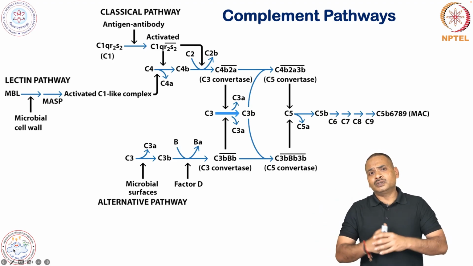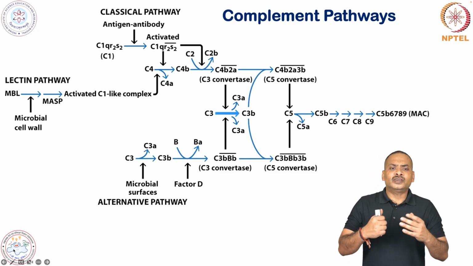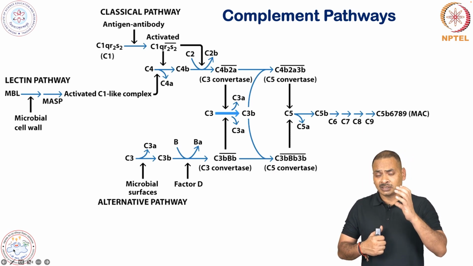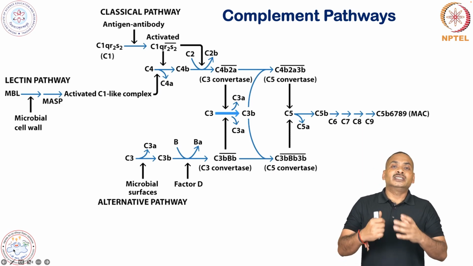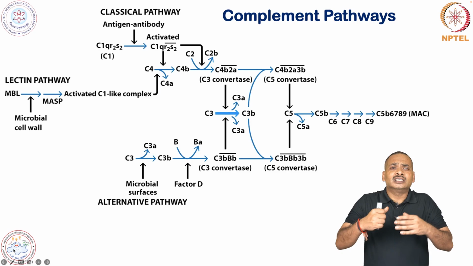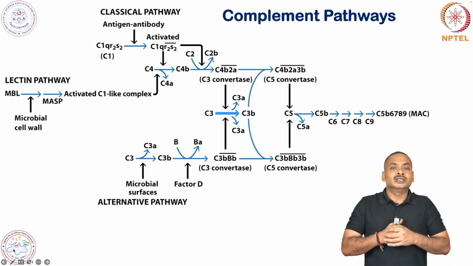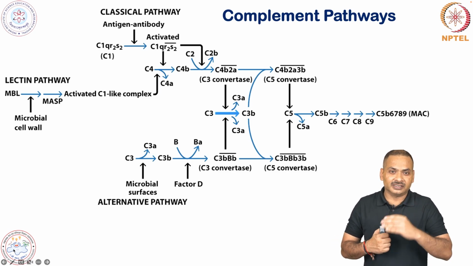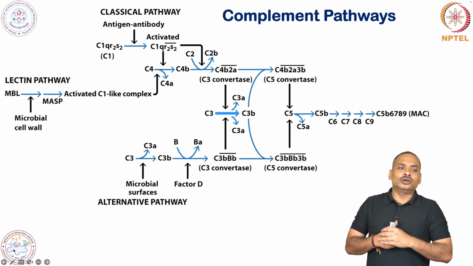The bigger component, Bb, interacts with C3b, and this C3bBb is the C3 convertase in the case of the alternative pathway.